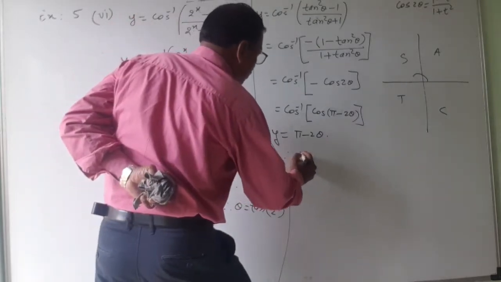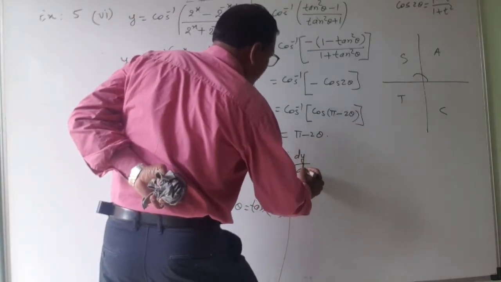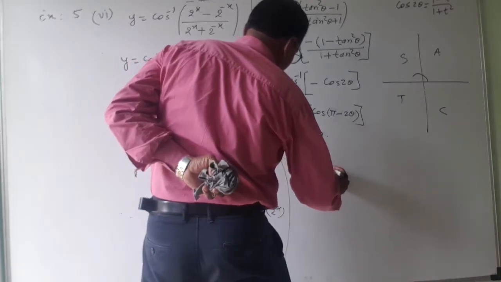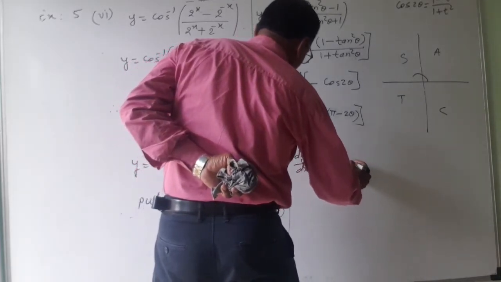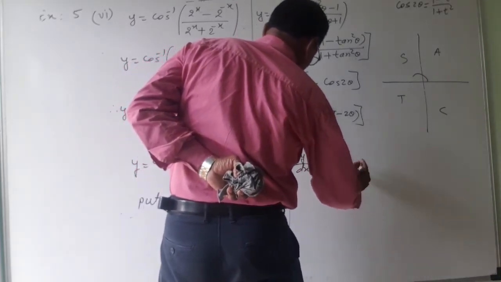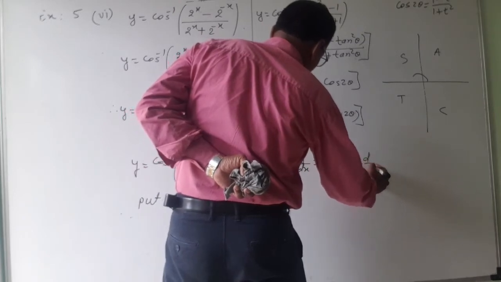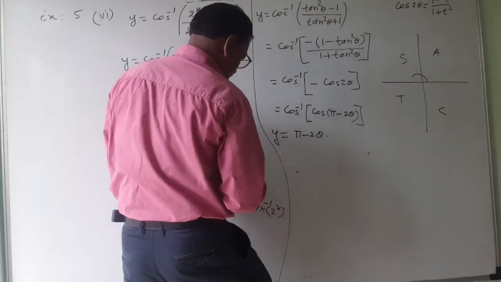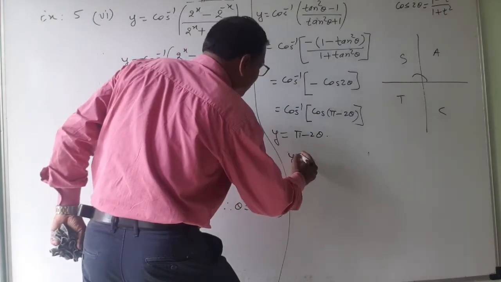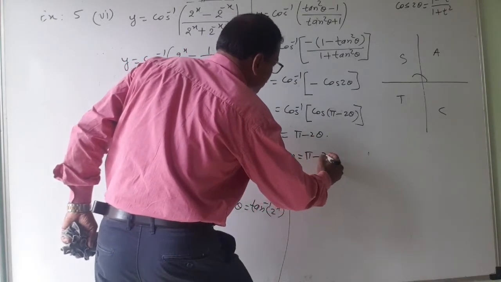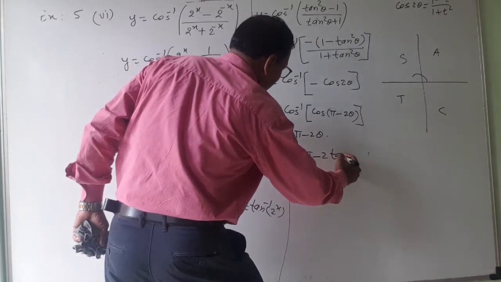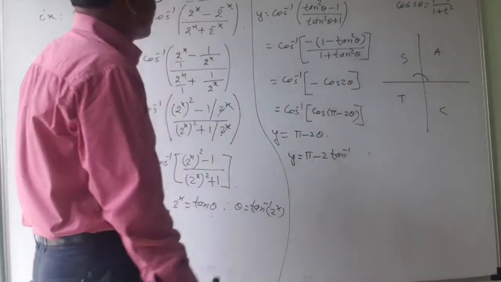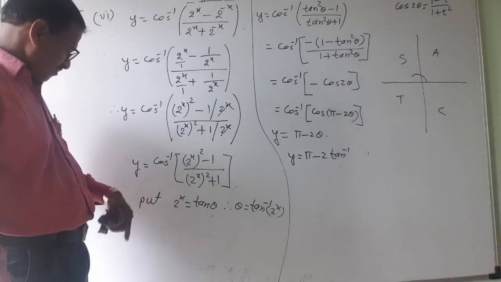Therefore, dy by dx is equal to d by dx of pi minus 2 into d by dx of, this I have to write properly. Therefore, y is equal to pi minus 2 into theta, and theta means tan inverse of, where is it?